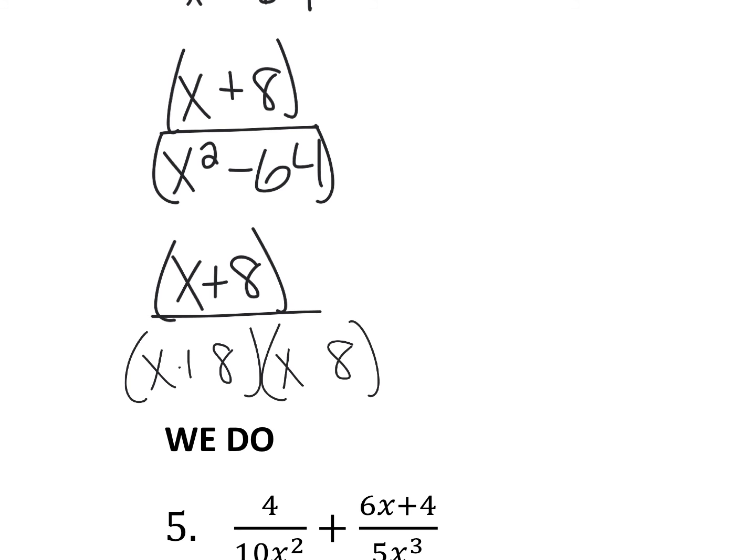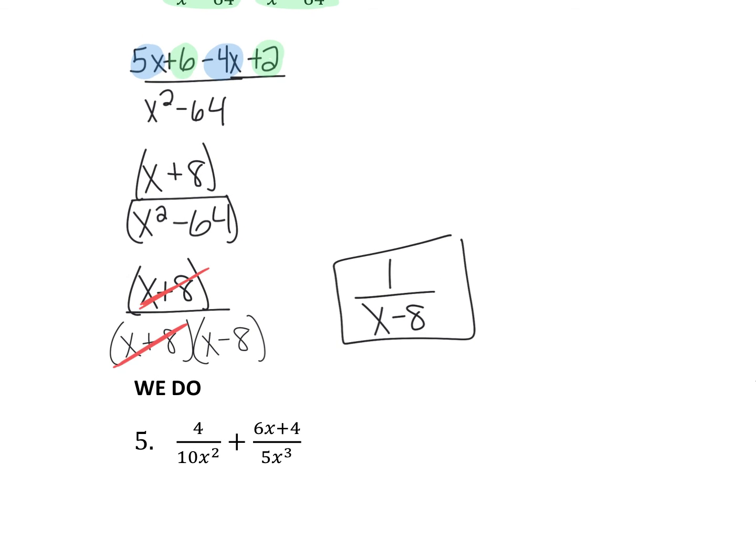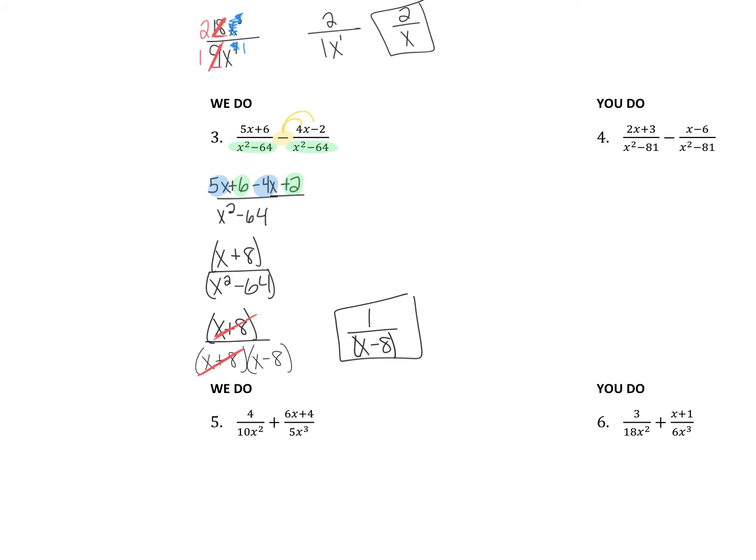And then I'll have 1 plus and 1 minus. Now when I look to reduce, I have an x plus 8 in my numerator and an x plus 8 in my denominator. So when I rewrite this one again, it'll be 1 over x minus 8. Okay, and that is finalized. You can even put your parentheses around that, so you know you can't break it down any further.